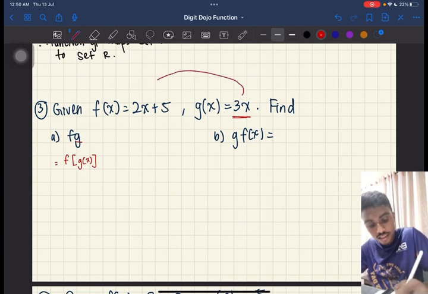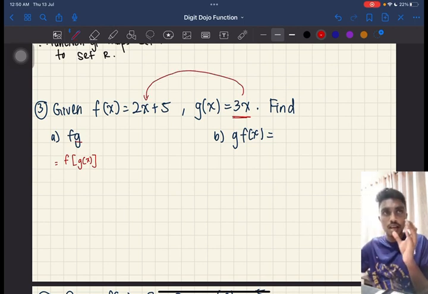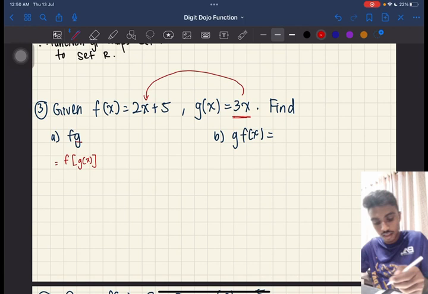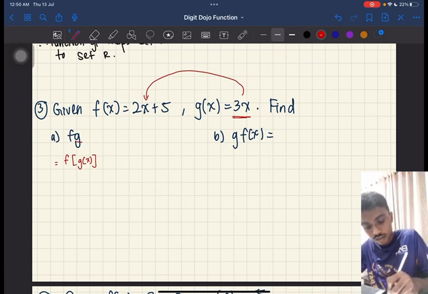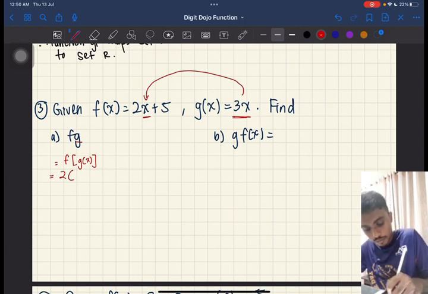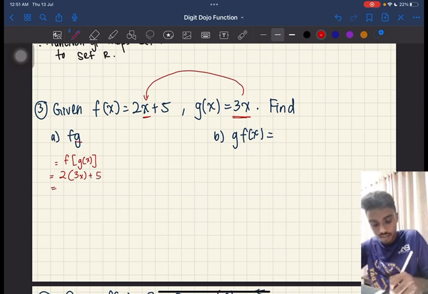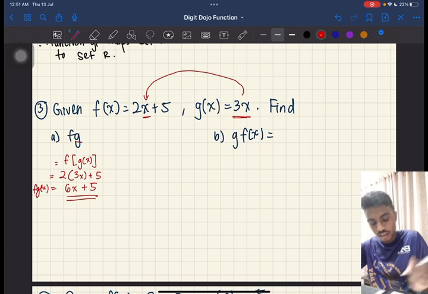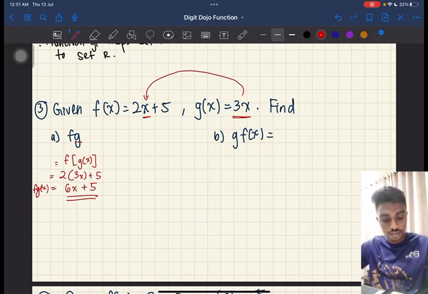Bring this 3x and substitute at the place where x is, so 2 times 3x plus 5, which is 6x plus 5. So your fgx is 6x plus 5.